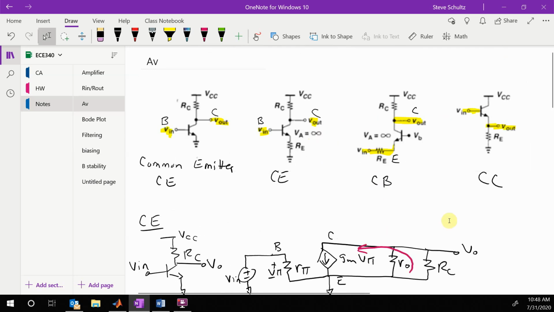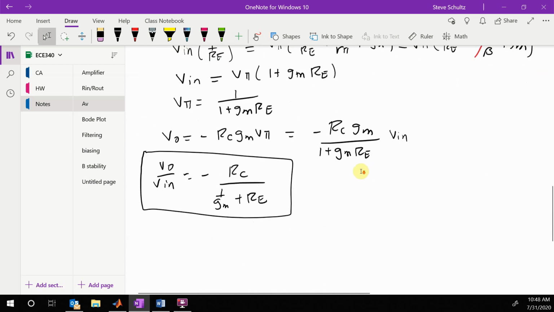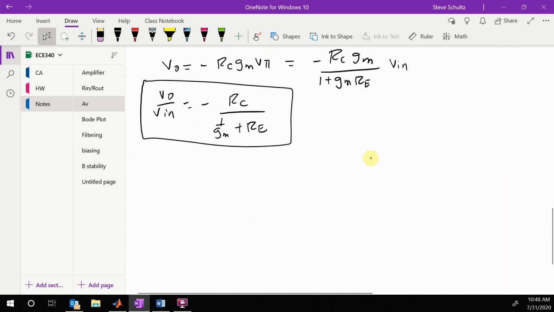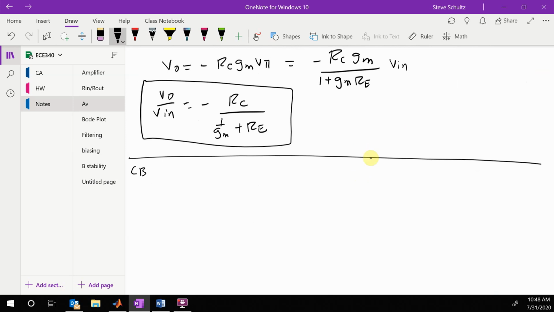Okay, so now we are going to do our common base configuration. So in this configuration, first of all, to make it a little simpler, we're not including an RO. So like we did before, our first step is drawing the small signal model.